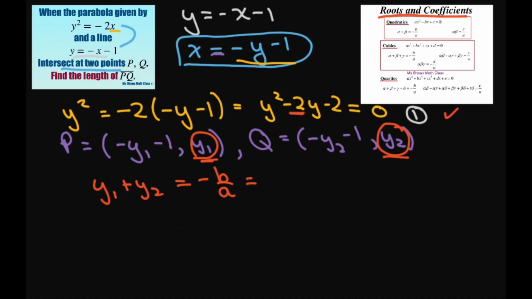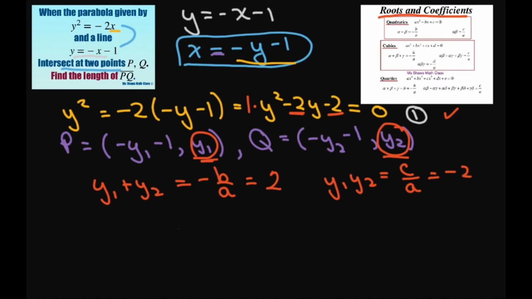So that's going to equal 2 divided by 1, because our a is 1. And your product of your roots, y sub 1 times y sub 2, equals c divided by a. So that's just going to equal negative 2, because a is 1. You don't need to put the 1.